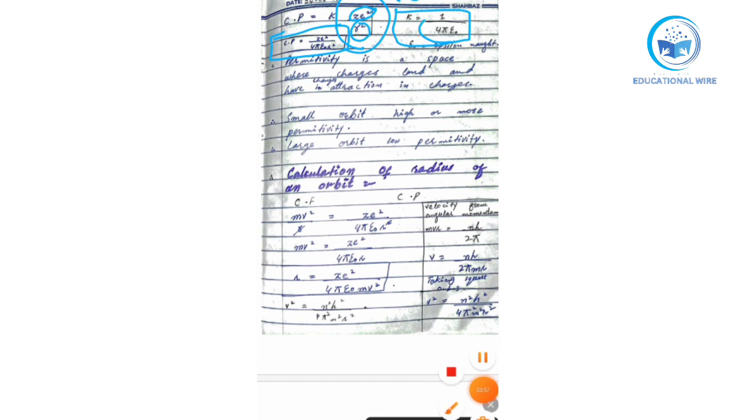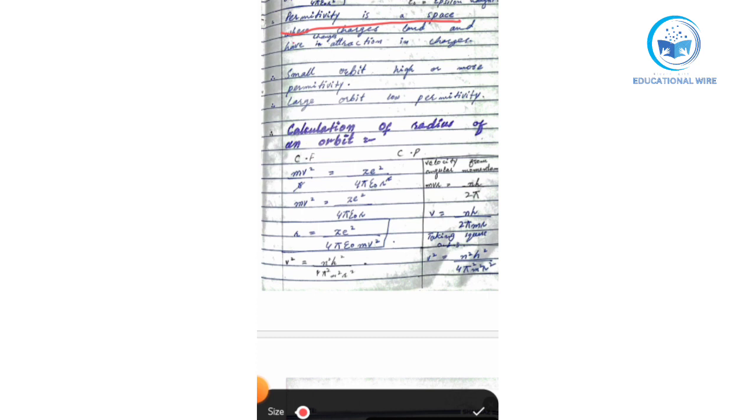Let's move further. Next we have some key points. The first key point is that permittivity is a space where charges land, and a change or attraction in charges is called permittivity.